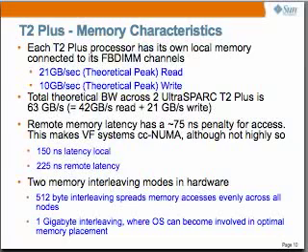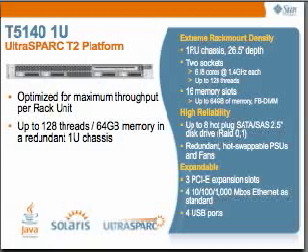Then the products. We have 2 products. The physically smaller one has 2 sockets, so you can go up to 16 cores, 128 threads. You can go up to 64 gigabytes of memory on that, and a bunch of disks and I/O.